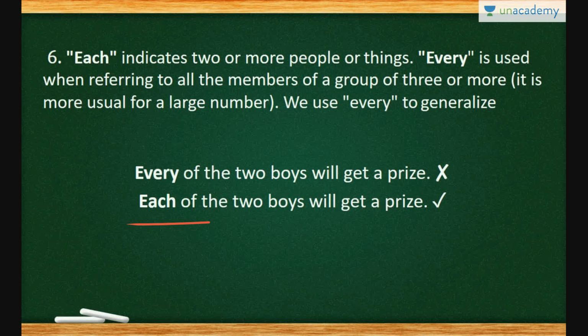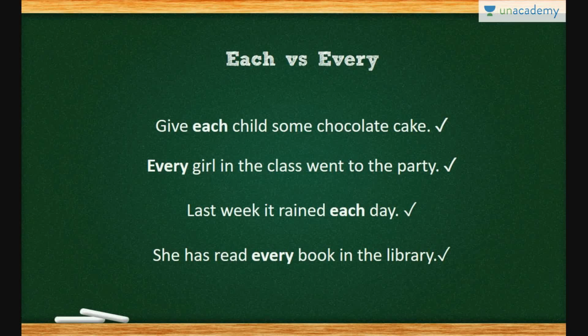This is correct. Now let's look at a few more examples just to understand the difference between these two words. Give each child some chocolate. That means give each and every child some chocolate. Every girl in the class went to the party.